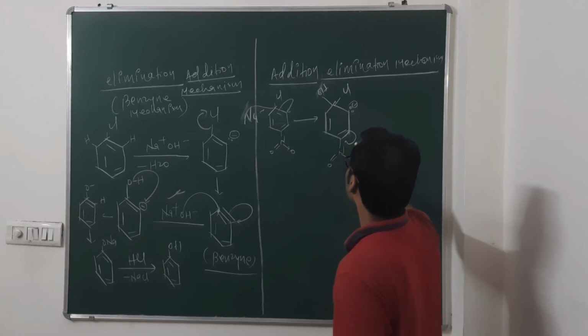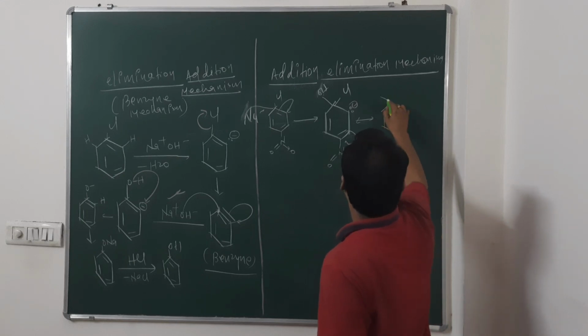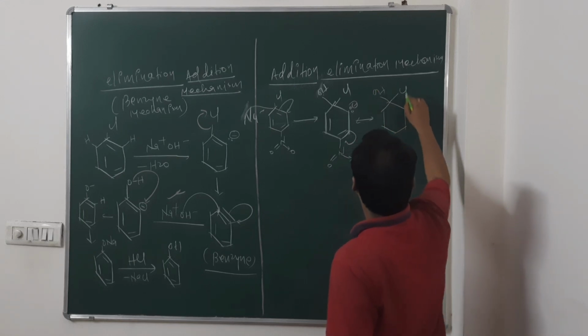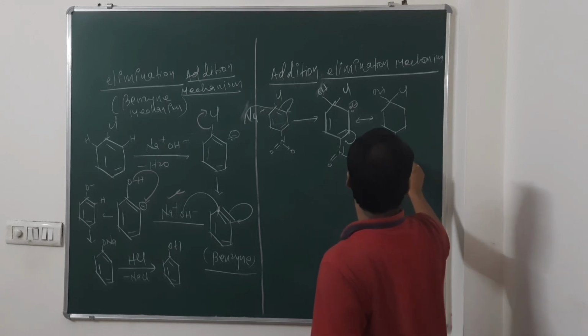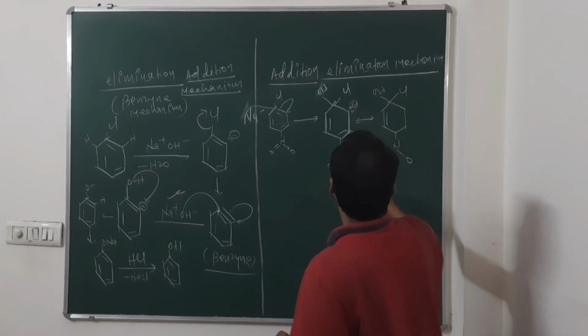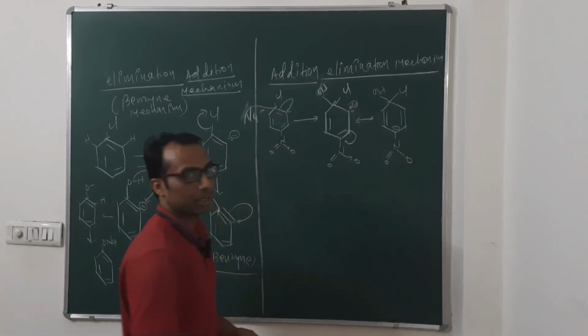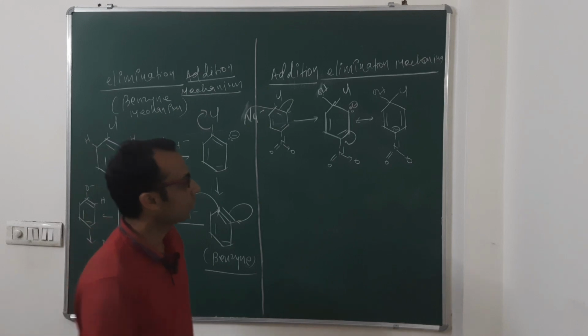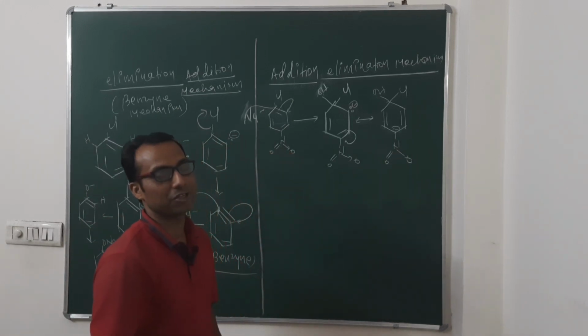The bond will turn like that, and here is the OH, and here is the Cl. And O, and as you know, a double bond will form. Here the negative charge will come. Since the negative charge will come, it means what? The NO2 group can take up the negative charge. That is the main reason.